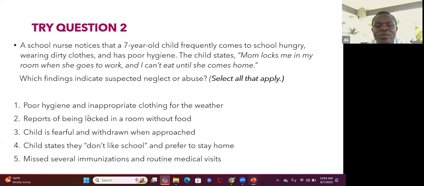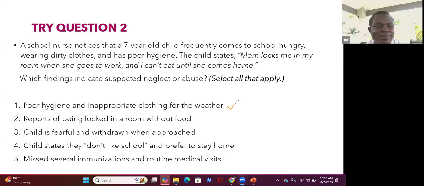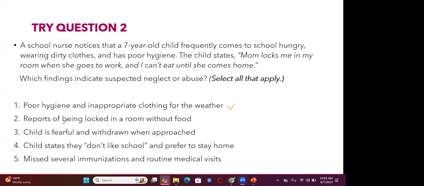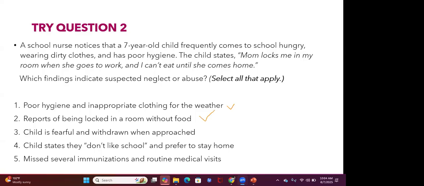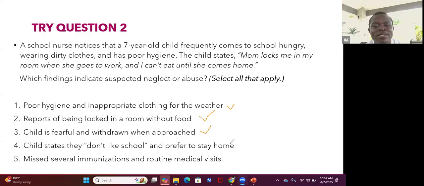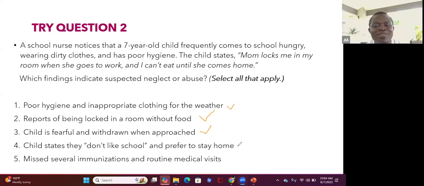So the first one, what do you think? Is it a yes or a no? Let me use my pen here. It's a yes. Then option 2, the next one. Yes. The next one. Yes. Then the fourth one. No. Are you sure?